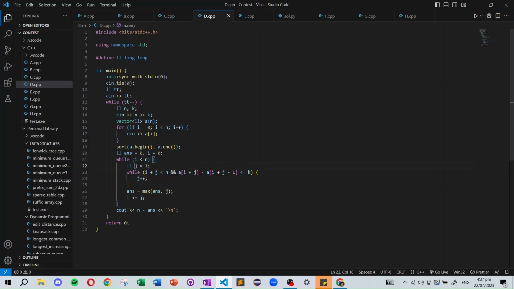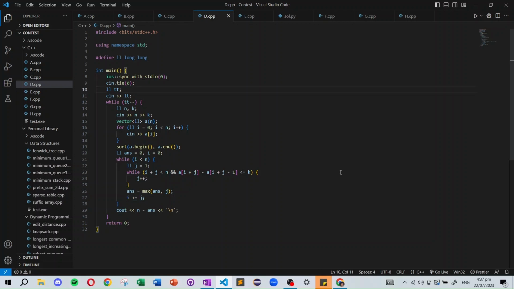And notice that j here is actually the length of the subarray, so we will update our answer to be the maximum of the previous answer and j. And then after that we will go towards the next unconsidered element or out of bounds.